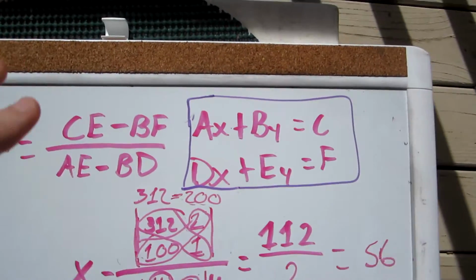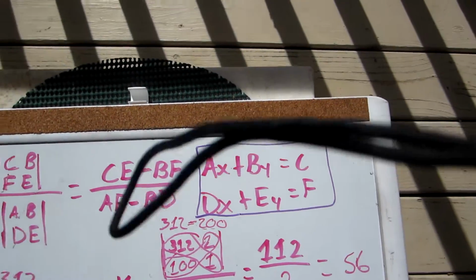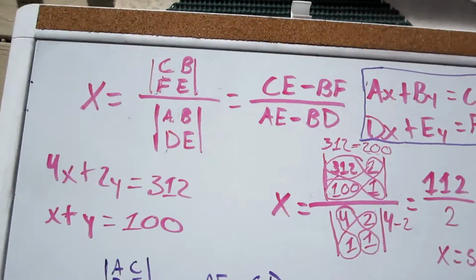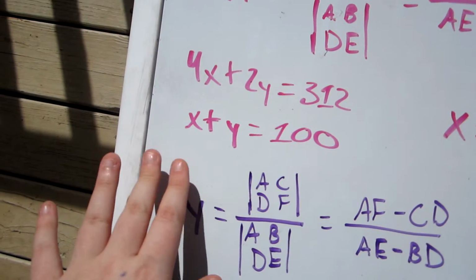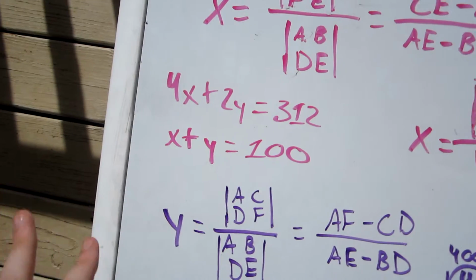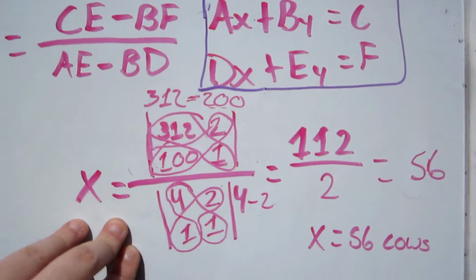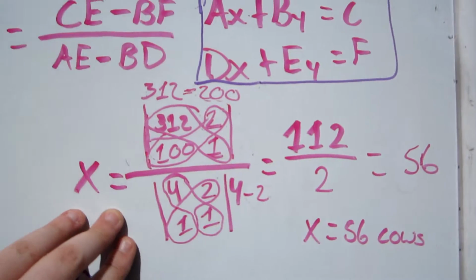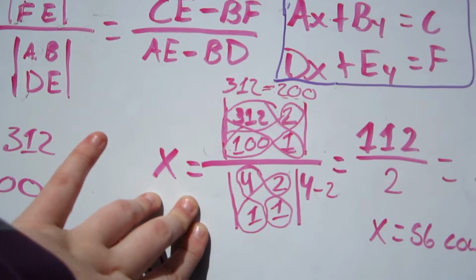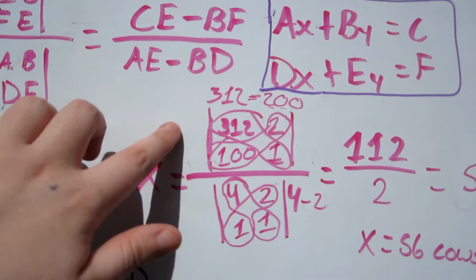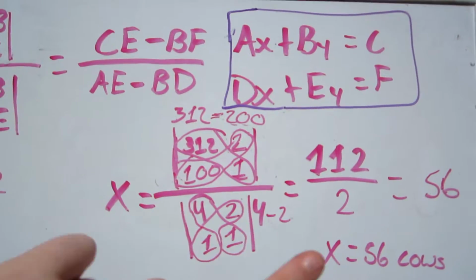And the variables correspond as follows: Ax plus By equals C, Dx plus Ey equals F. So in our equations, 4x plus 2y equals 312 and x plus y equals 100. So solving for x, we replace A and D with C and F, so 312 and 100, and B and E stay the same.